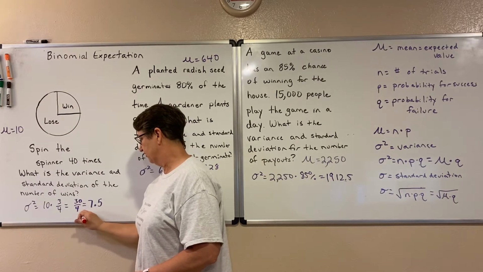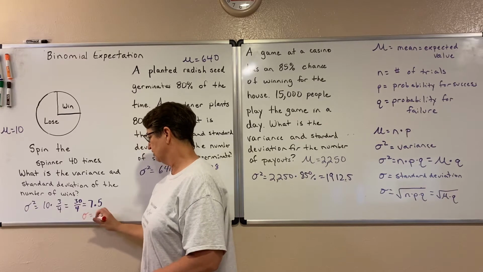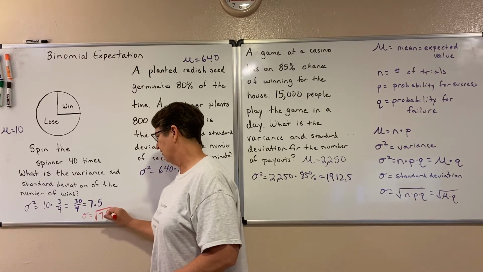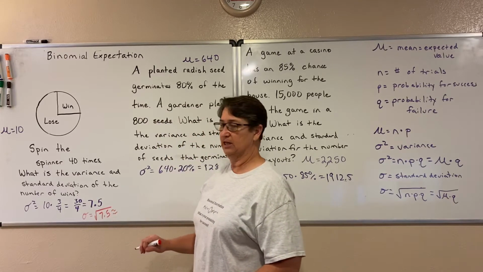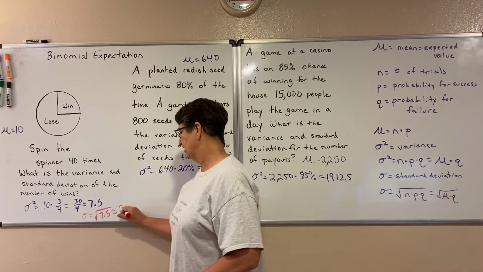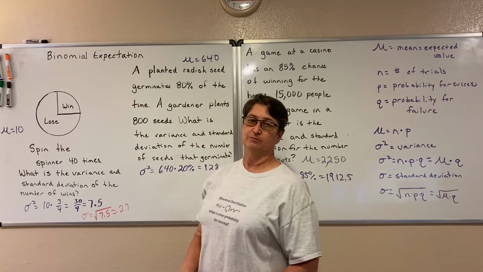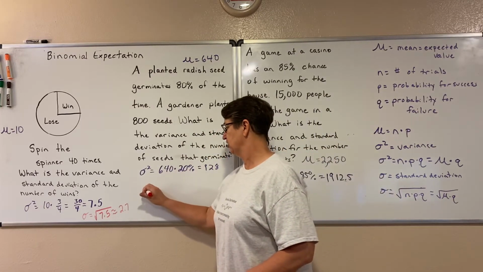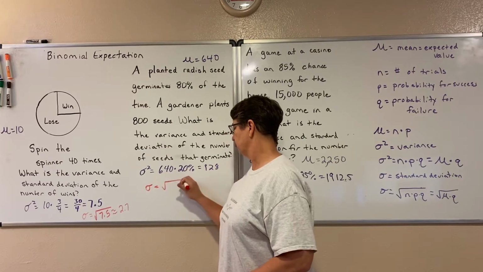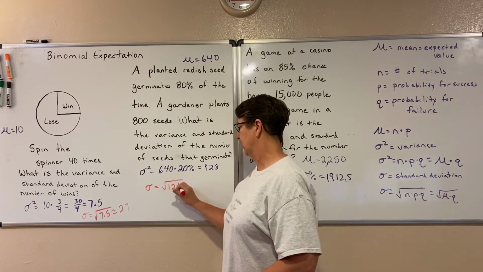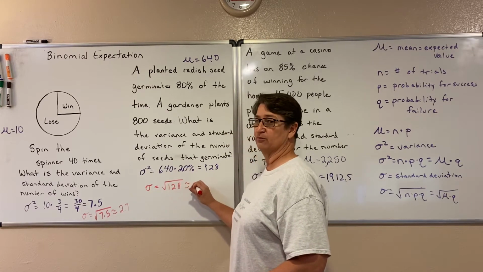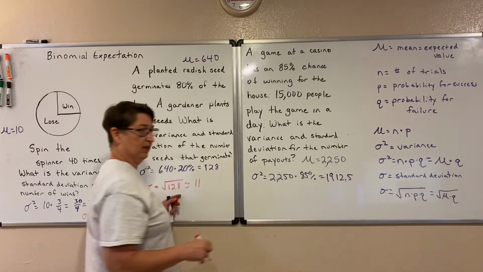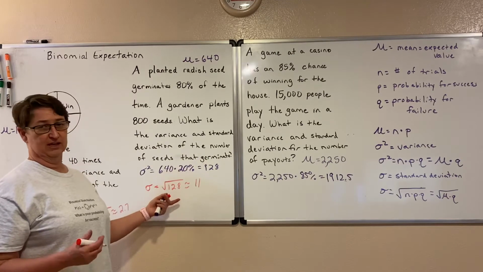So to find the standard deviation, I'm just going to take the square root of 7.5, which is approximately 2.7-ish. And the standard deviation here is just the square root of that 128, which is approximately 11. 121 is 11 squared, so it's a little bit more than 11, like 11.3-ish.